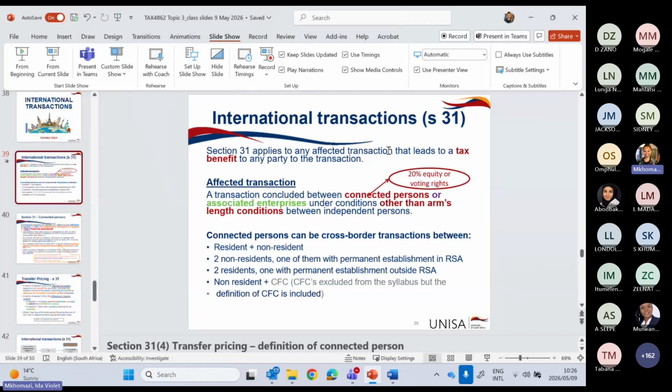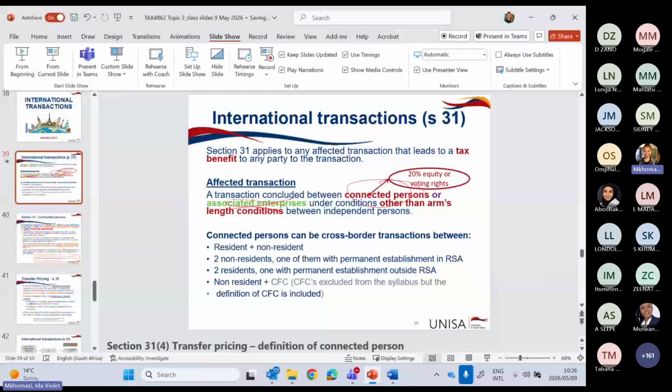So you need to know the definition of an affected transaction, and you will find it in Section 31. An affected transaction is defined to mean a transaction that is entered into or concluded between connected persons or associated enterprises. But you don't need to worry about associated enterprises because it's not in your syllabus.